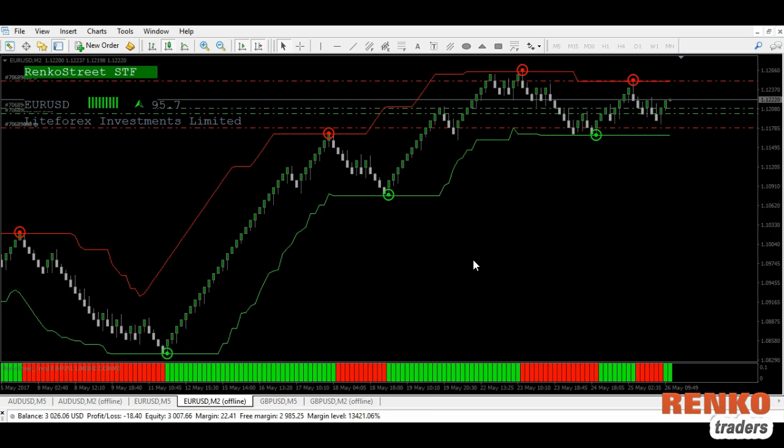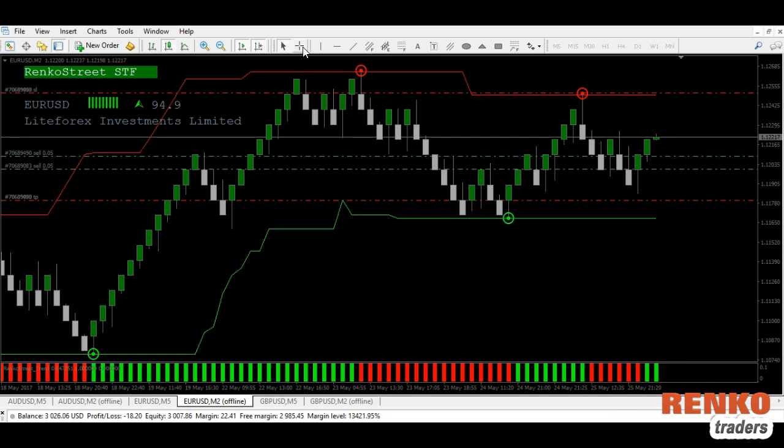To know more about this, I would suggest you take a look at the article published, which goes in a bit more detail. But basically what you're looking at is the same chart which I've mentioned in the article for the Renkostreet Trading System review. Now, as you can see, I was given a sell signal somewhere around here, which was my first entry.